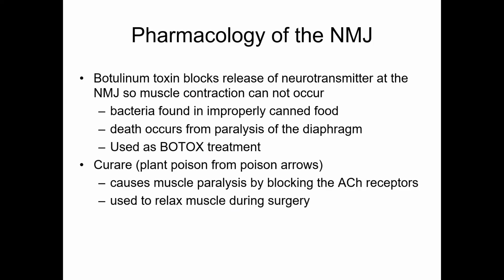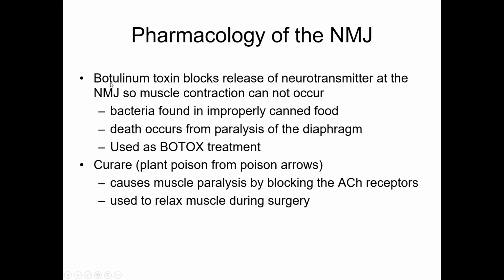Muscles remain relaxed. The deadly aspect of botulinum poisoning is that it can cause death because the diaphragm is a skeletal muscle and it can be paralyzed. When our diaphragm remains relaxed, we have no inhalation, and that leads to respiratory stress and eventually to death.